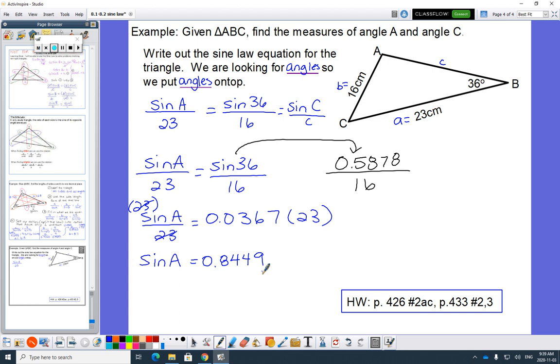And there are definitely many of you that eventually will be like, you know what, I'm going to do this all as one step. Sine 36 equals, divide by 16 equals, times 23 equals. And that's totally fine.